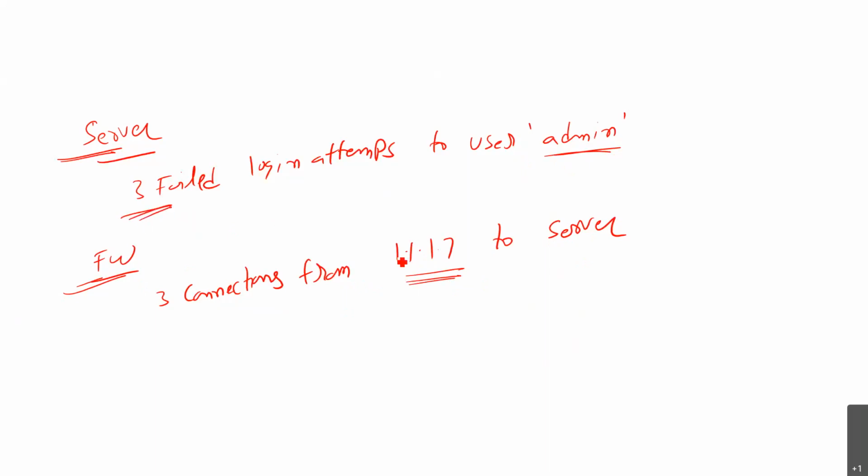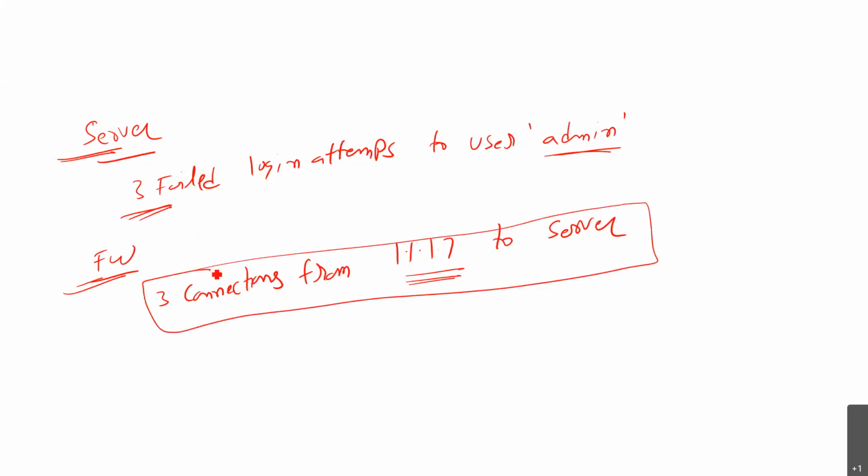Generally, if you only look into the firewall log, there are three connections from this IP 1.1.1.7 to the server. For what? Are they accessing the website or accessing something else? We don't know.